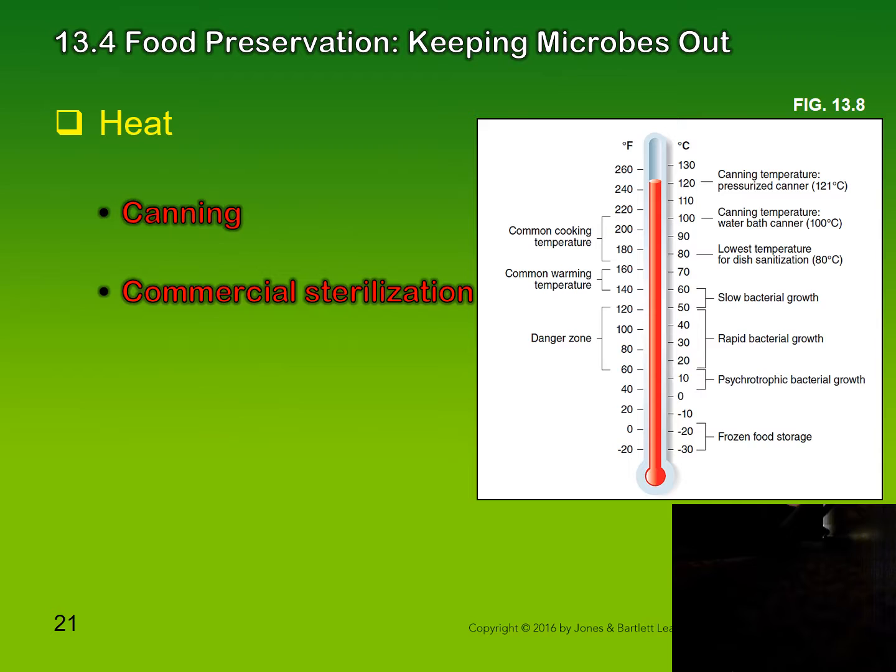In a commercial setting, you might be able to sterilize using an autoclave, which is essentially just a big pressure cooker. But when you can in general, if you can pressure cook the jars that you're going to do the canning in, you can get a lot of the microbes out of there.